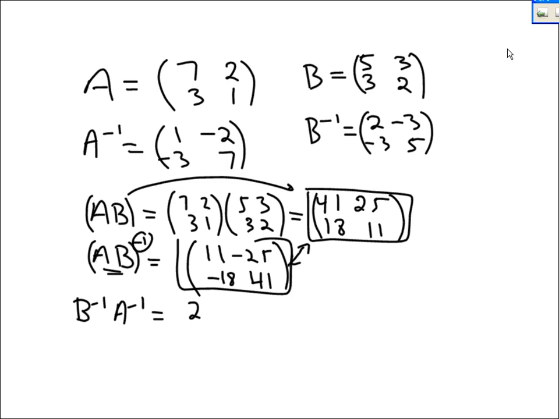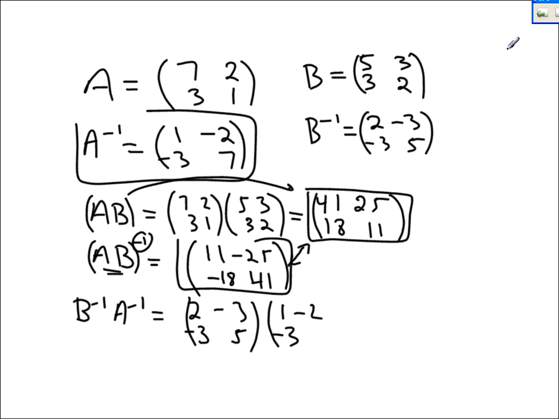B inverse is 2, -3, -3, and 5. A inverse is near the top left. It's that matrix. And when you dot this with the first column, you get 2 plus 9, which is, of course, 11.